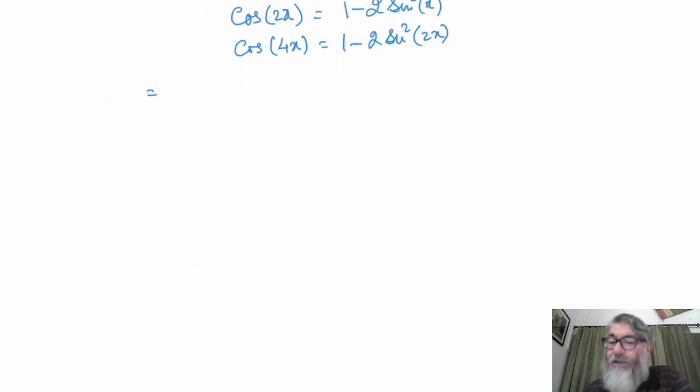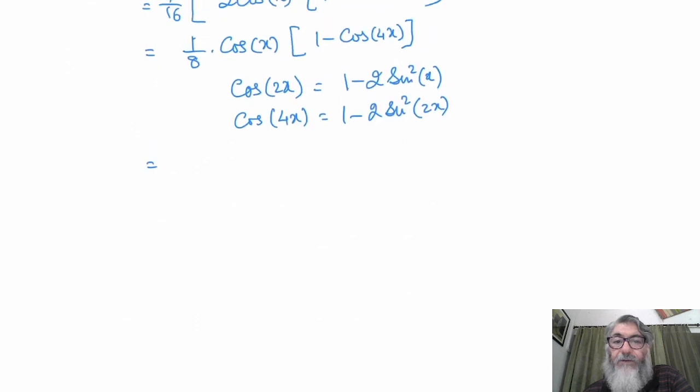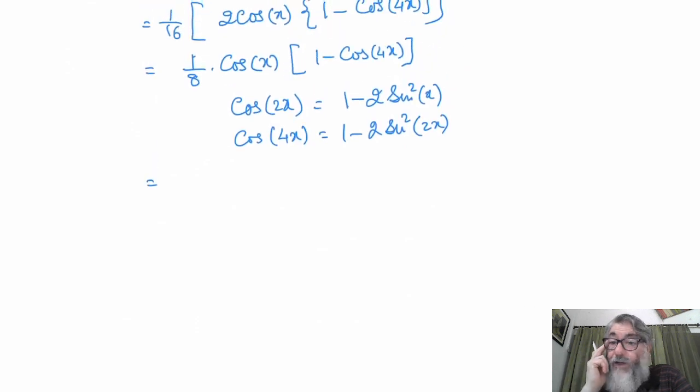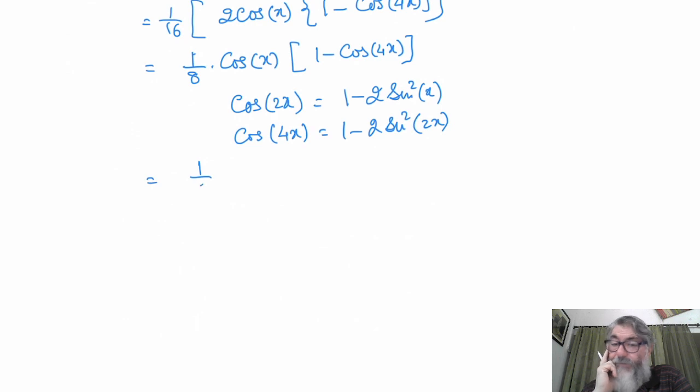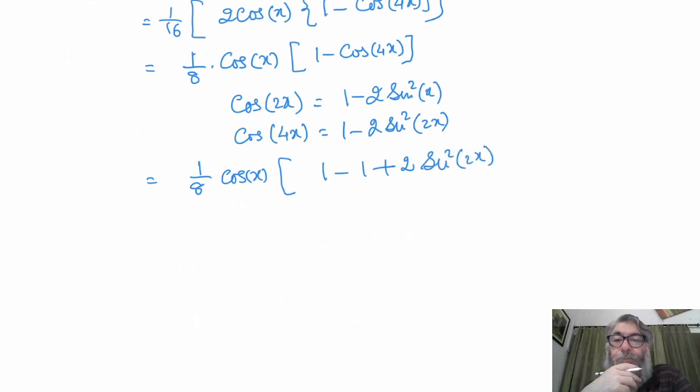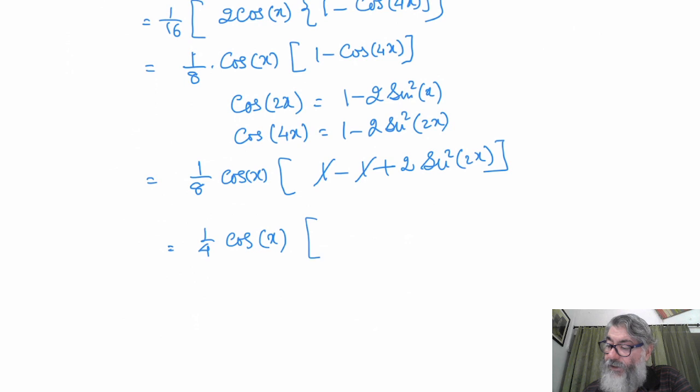This 1 and 1 will cancel. What I'm writing is a little slower than what is coming onto the screen. Alright. Now I have 1 upon 4 cos x, because I'll take 2 out, and it is sine square 2x.